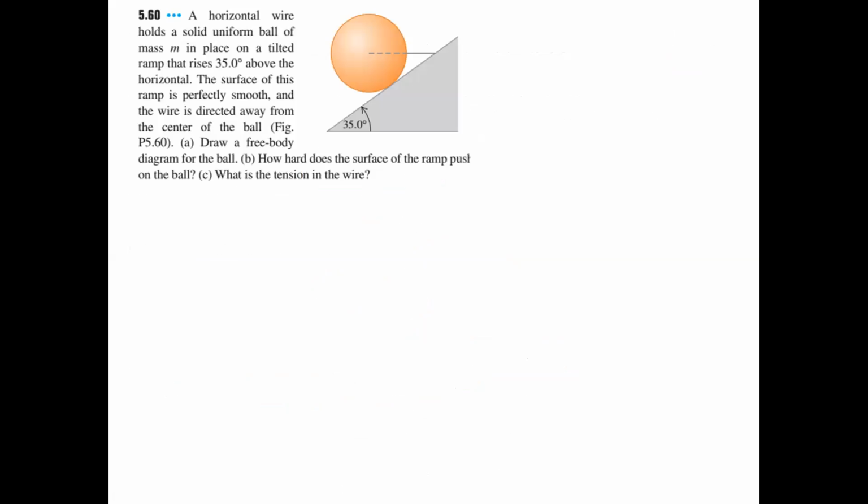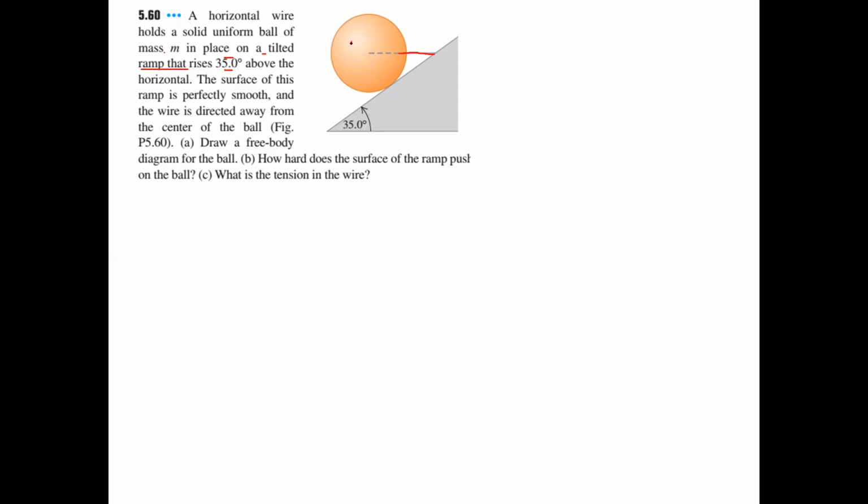And now you have a setup like this: a horizontal wire holds a solid uniform ball of mass m in place on a tilted ramp that rises 35 degrees above the horizontal, okay? This is your wire or rope, okay?